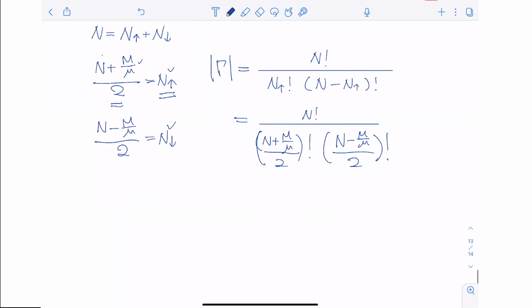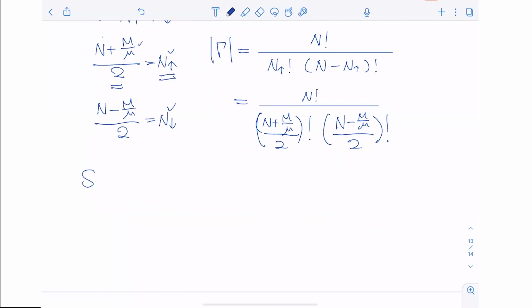Okay. And the entropy should be expressed like this. At this moment, you will probably notice that this N and this M should be big numbers, so we can use Stirling's approximation.